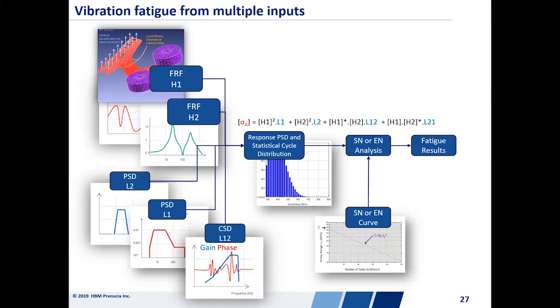But there's one more thing that we need to be able to capture, and that is the potential for any interaction between the excitation in the X and the Y. And that's going to be described with the CSD, or the cross power spectral densities.